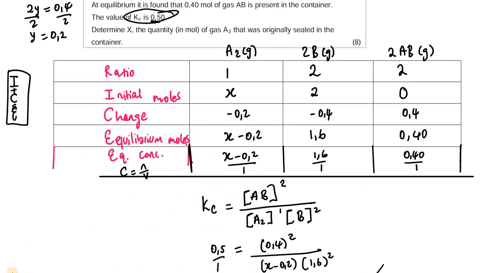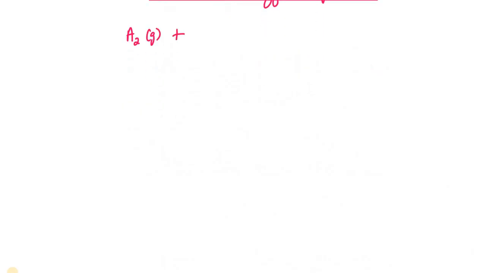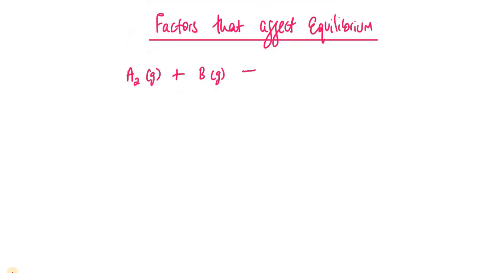A2 and B, which is a gas, and then they form AB. Then we put 2 here to balance, right? Now this is what we have.